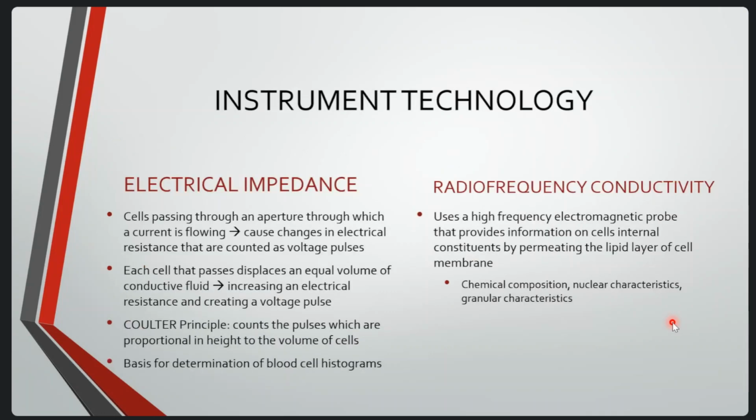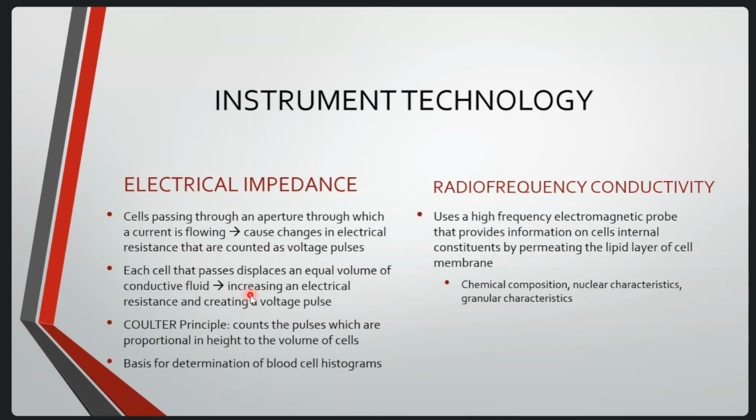Now, we go to the instrumental technology. So, for you to understand how our machines are able to give us results for our CBC, their principles are as follows: we have electrical impedance and radio frequency conductivity. For electrical impedance, the cells will flow through an aperture.